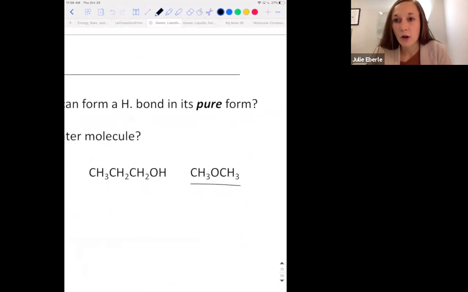CH3OCH3. Draw a molecule of that. What does that look like? This is another condensed structure, so if you remember how to read those, it should tell you how the atoms are connected. So you should have something like this.